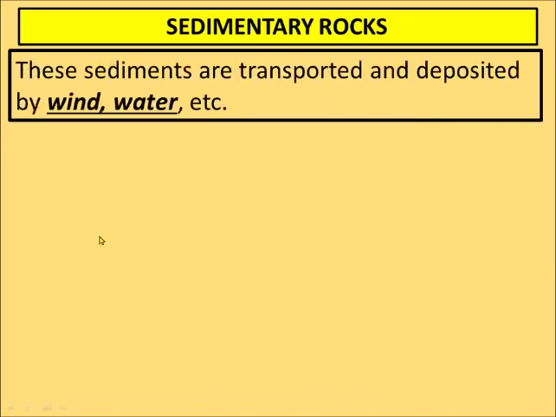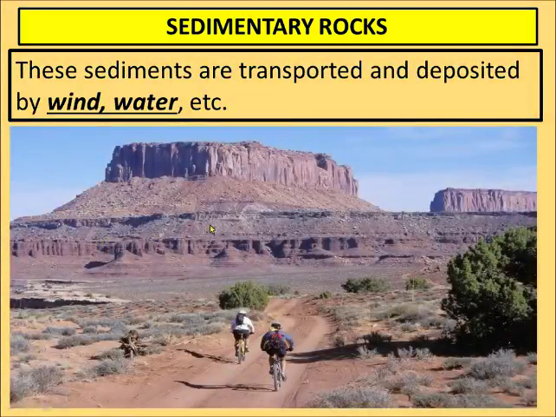These sediments are transported and deposited from one place to another with the help of wind and water. Now see how this mountain has been formed. This is a mountain of many rocks deposited at one place. No human being has done it. So how was this mountain formed?